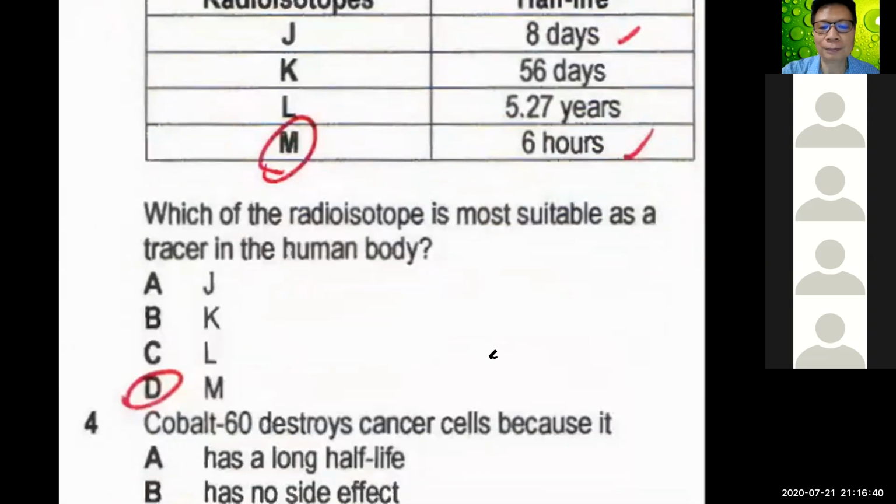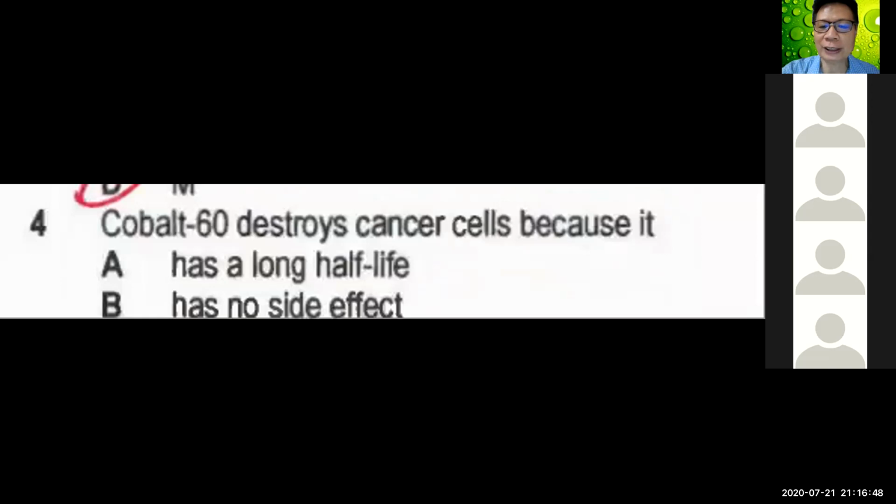Okay, number 4. Cobalt-60 destroys cancer cell because what is the reason? What is the reason cobalt-60 can destroy the cancer cell?